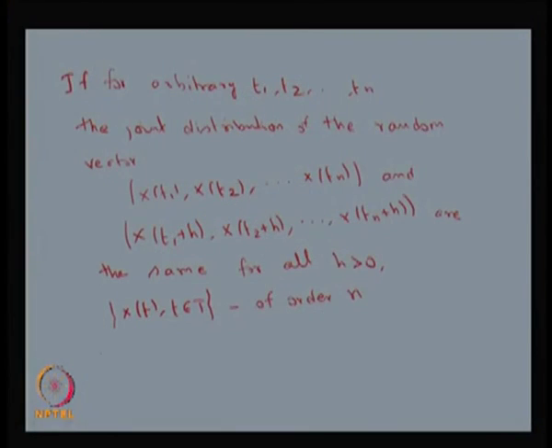If this property is satisfied for all n, then you can conclude the stochastic process is a strict sense stationary process for any integer n.